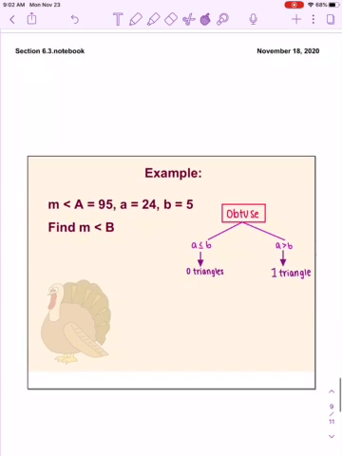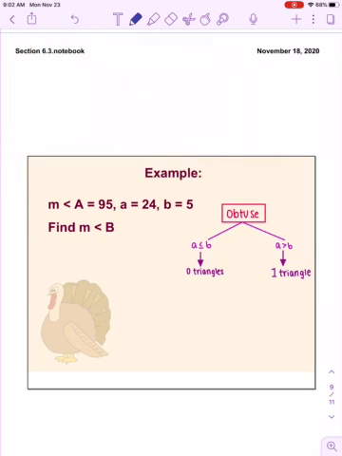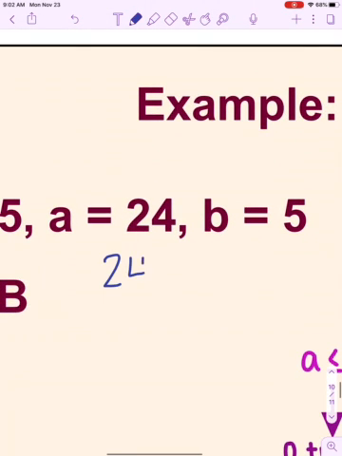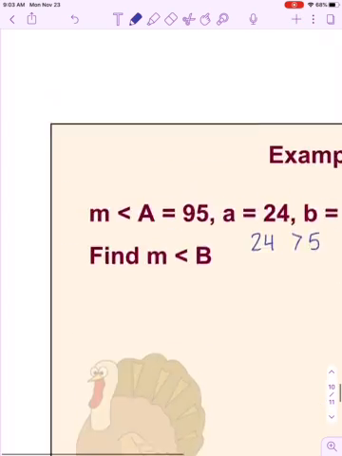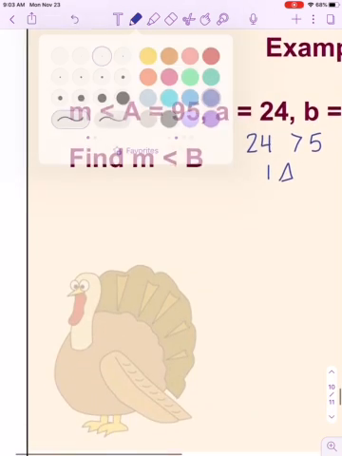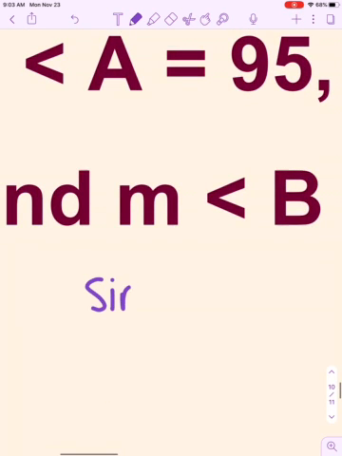Okay. Last one. Angle A is finally obtuse, so it's easier. So all we have to do is compare angle A, or side A and side B. So 24 is greater than 5. So it's greater, so there's 1 triangle. So you just set up your law of sines with what you have.